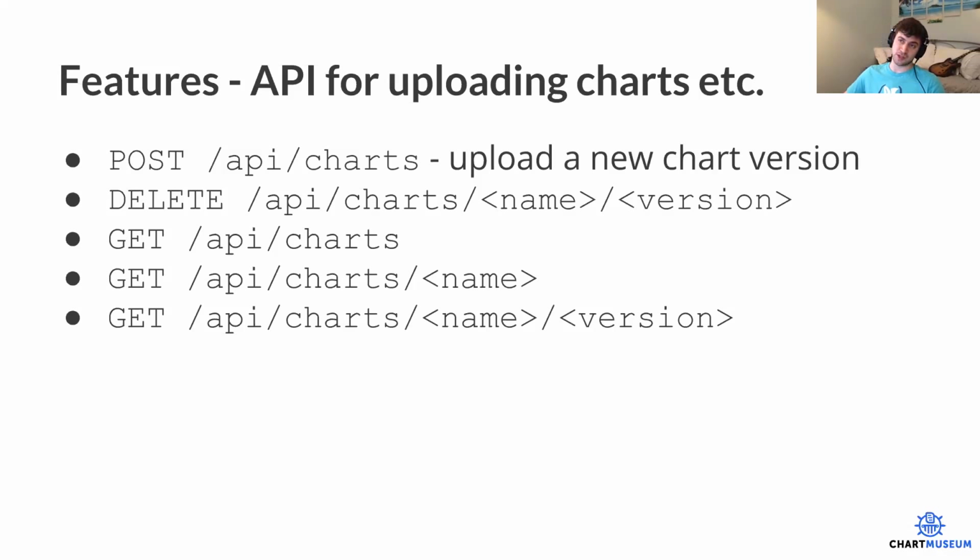You can also delete charts with a delete endpoint, and there's also a few endpoints for retrieving your chart index as JSON. So if you're building some web UI and you want to be able to query what's in your repo, you could use those endpoints.